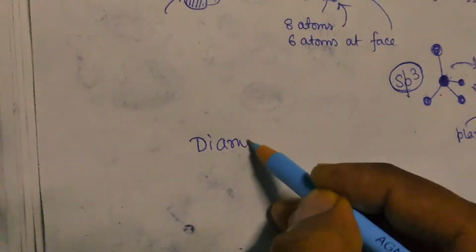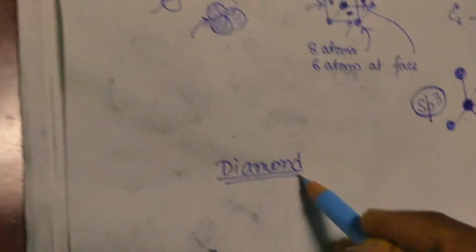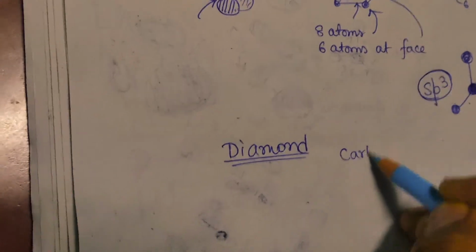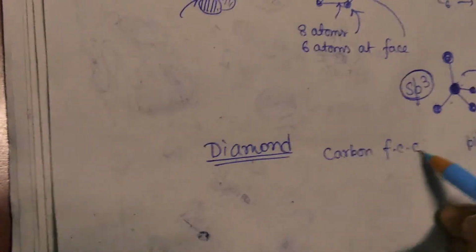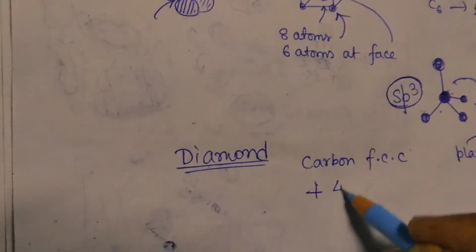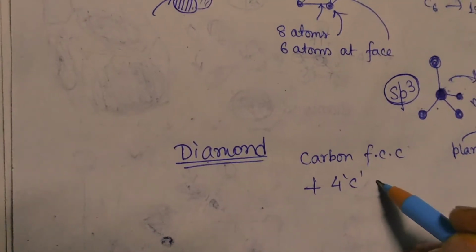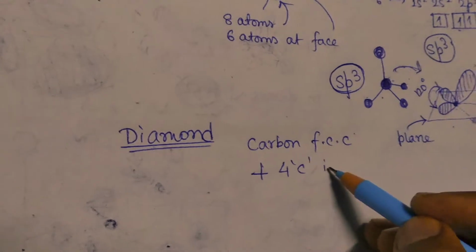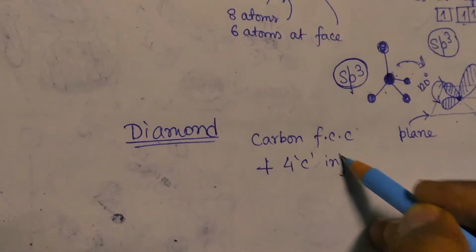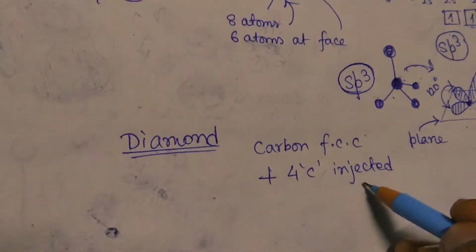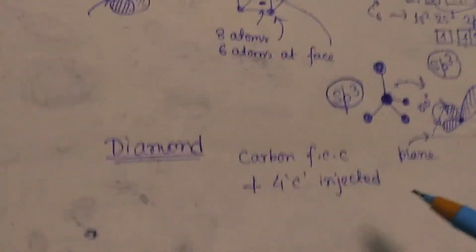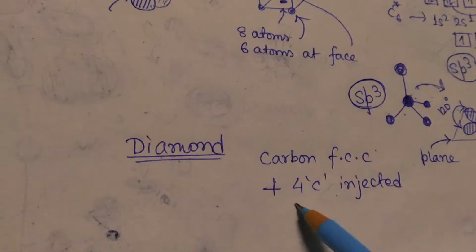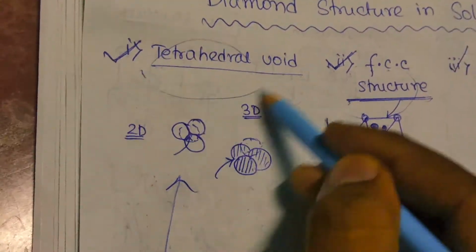So the diamond is basically a normal carbon FCC plus 4 carbon atoms. An additional 4 carbon atoms are injected into this FCC structure in a special type of orientation, placed in a tetrahedral manner.